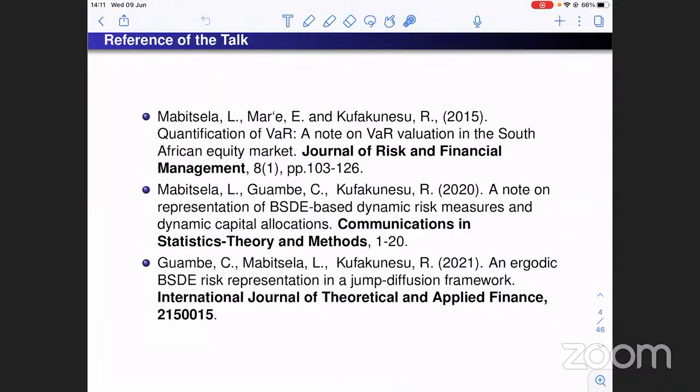Okay, let's proceed. The talk is based on these 3 papers, mainly written by Lesedi. We did a practical example of quantification of risk at a time when one of the banks in South Africa, the African Bank, was going under.